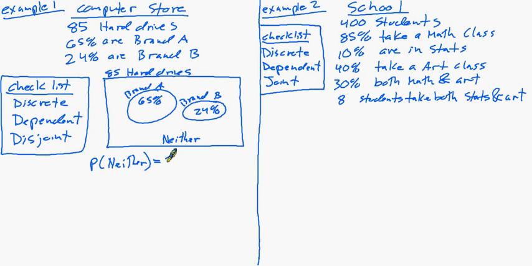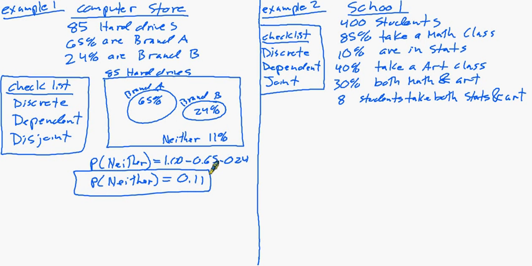Well, that would be our 100% minus our 65% minus our 24%. So the probability of neither is 11%.